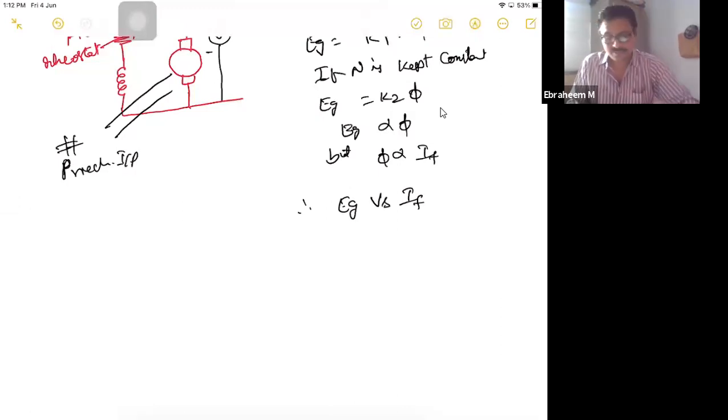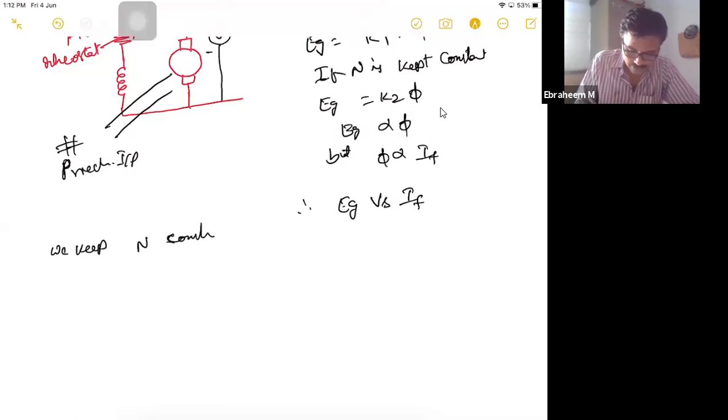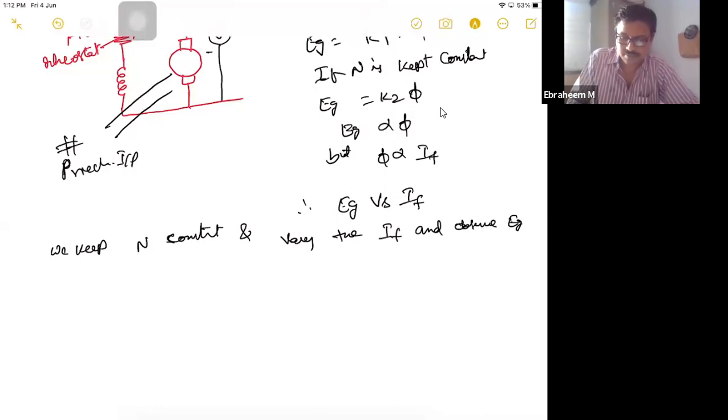So what we do here is keep the speed constant and vary the If and observe Eg.